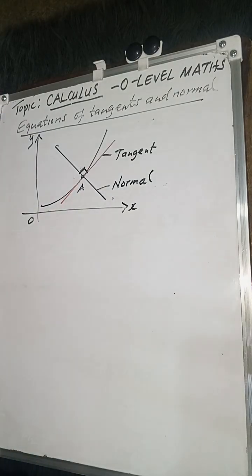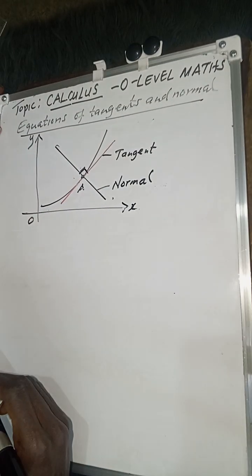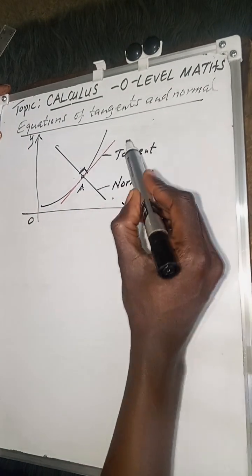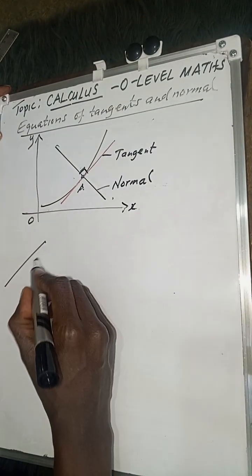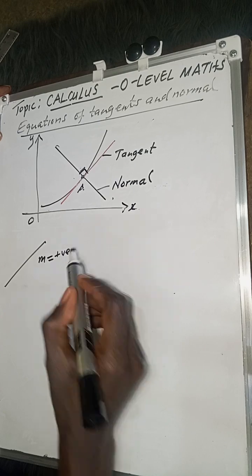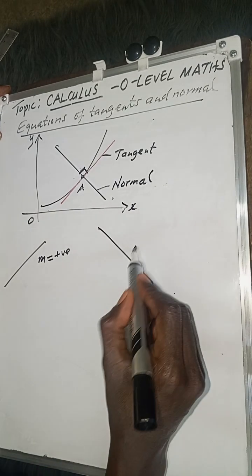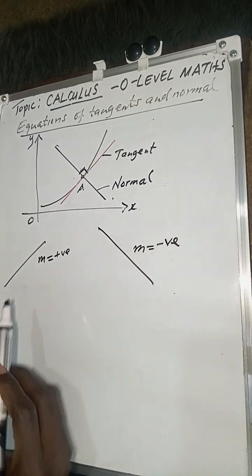So what should you remember about the normal? Well, imagine that the gradient of the normal, of course, when a line is sloping like that, you know that the gradient is always positive. When a line is sloping like this, you know that the gradient is always negative.